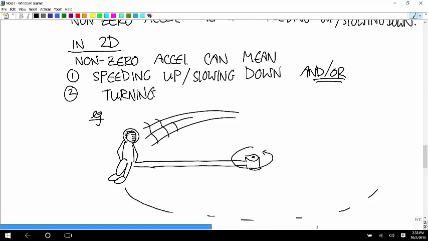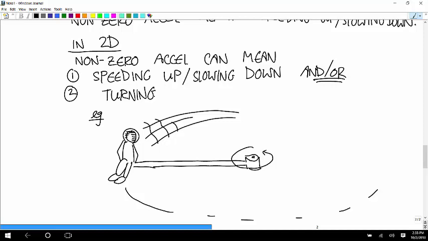The astronaut's going 20 or 30 meters per second steadily around this circle. But it's still causing big accelerations, because it's a really rapid change in direction. Even though the speed's constant, the astronaut's turning really quickly.